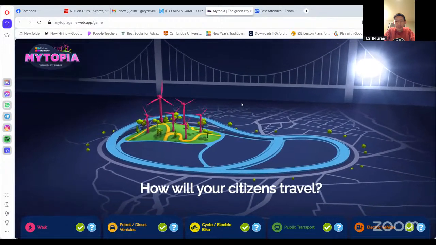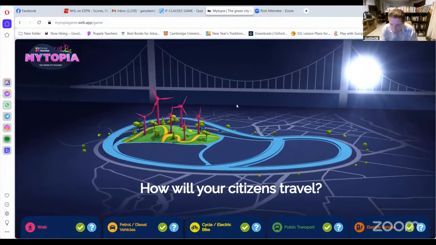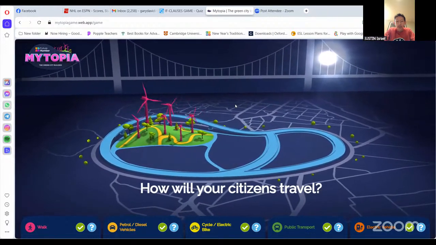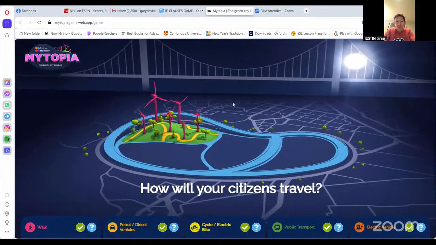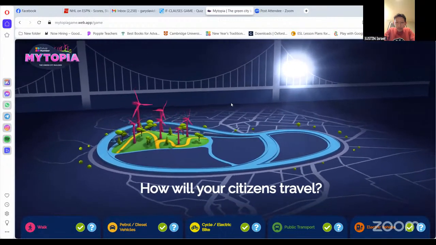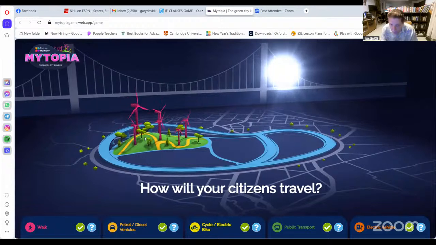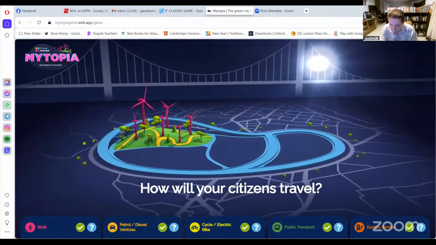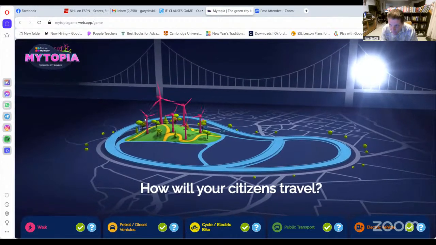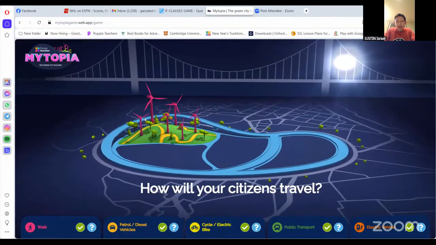Okay. If you say it again, they won't need to use oil or gas to power the city because it will create pollution. In that case, okay. So if they're using wind energy, then there will be less pollution created. Yes, correct. Is that good?